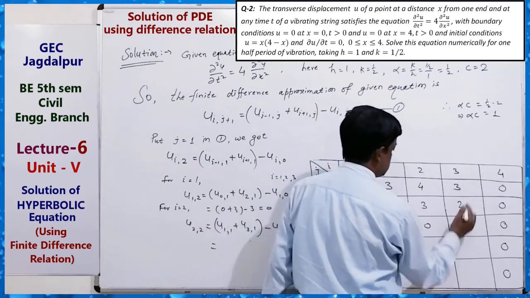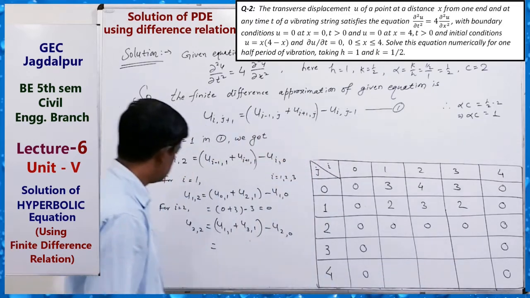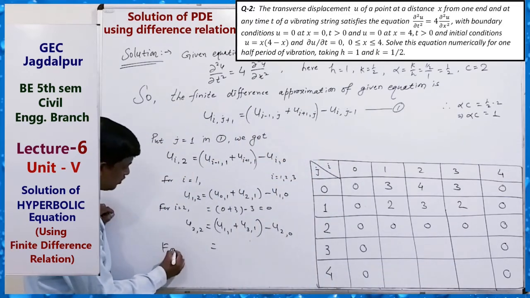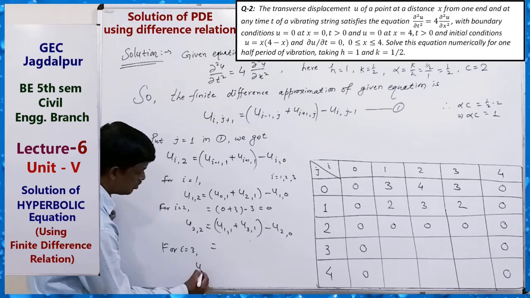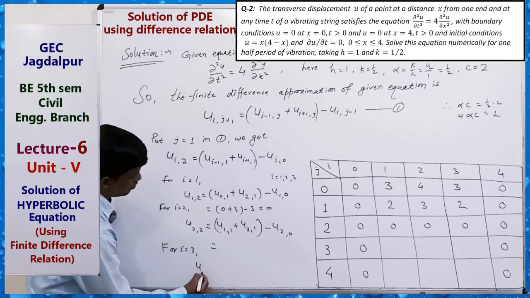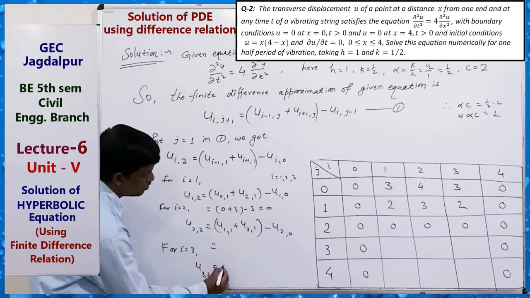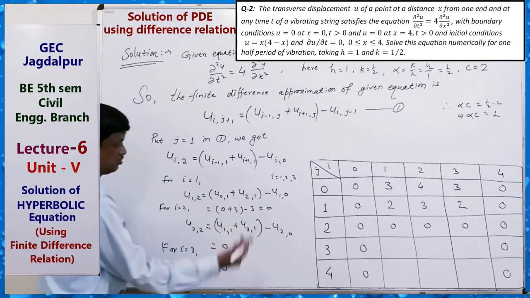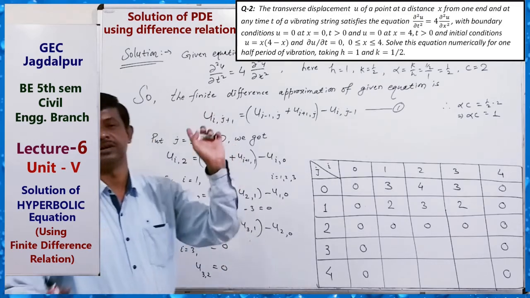Similarly 3 plus 0, this is 0. So all are zeros. Similarly you can see that for i equals 3, u(3,2) equals 0. Here also 0. So by using this method.